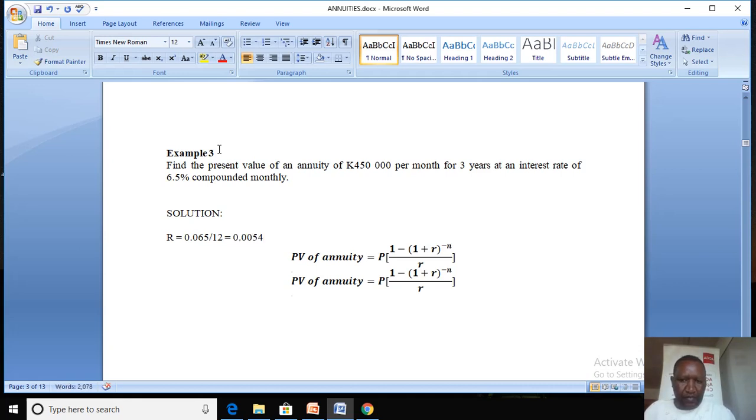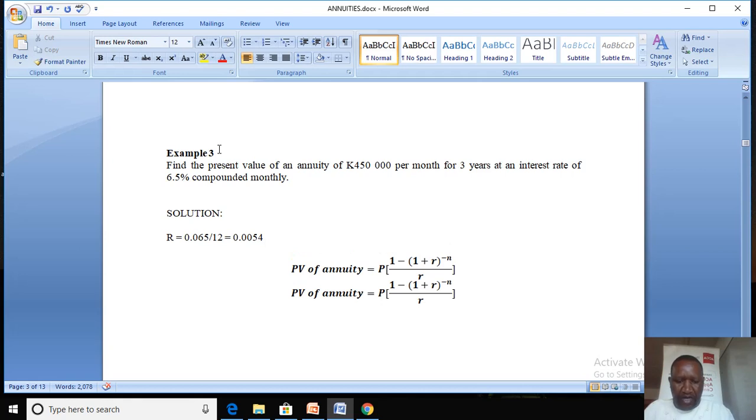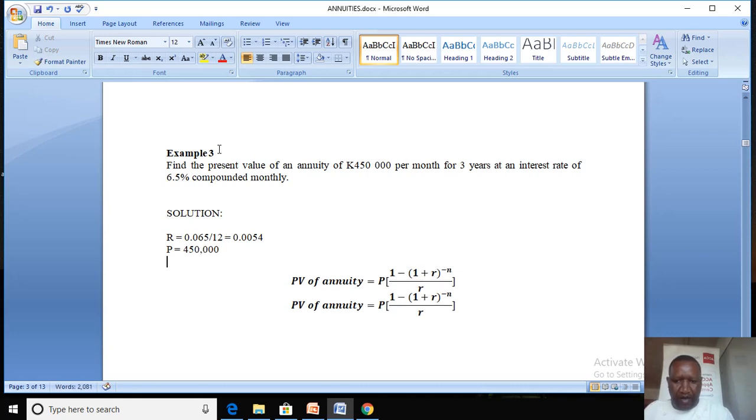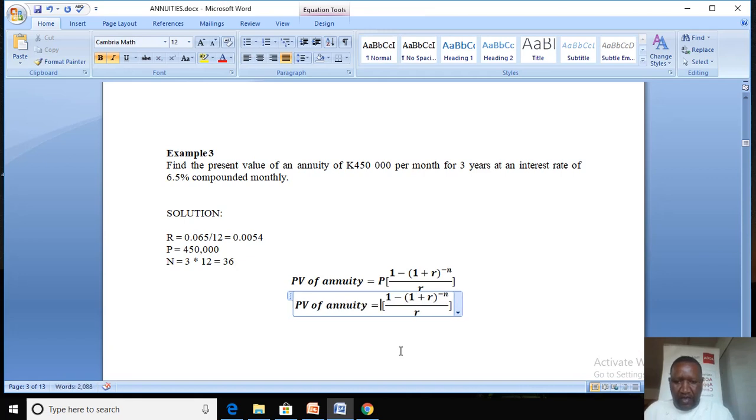0.0054. Let me also just put down the P. Our P is 450,000. And our N is 3 years, but we are compounding monthly, so it's 3 multiplied by 12 months. That makes a year equals to 36. Substitute that in your formula. So you have your P, 450,000.